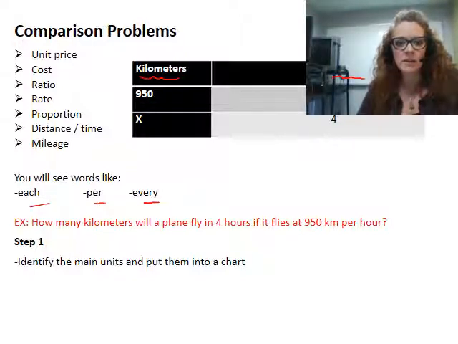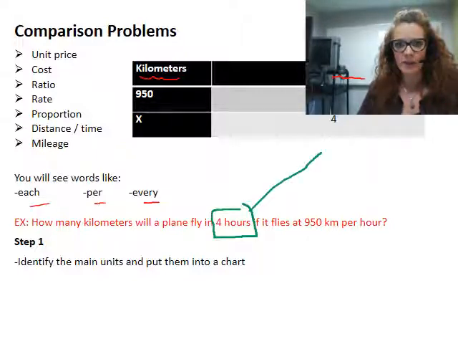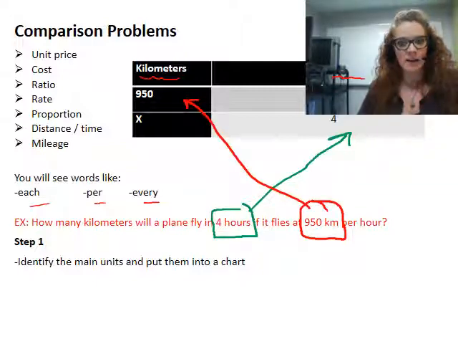And so in this chart, I have plunked in the numbers that I know. So it said there was 4 hours, and so I put that over here on the hours side. It said that there were 950 kilometers, and so I put that in over here on the kilometer side. Okay, and then it says how many kilometers, well, we don't know, so I used an X, will the plane fly in 4 hours if it goes 950 kilometers per, doesn't say it, but it's per 1 hour right there.